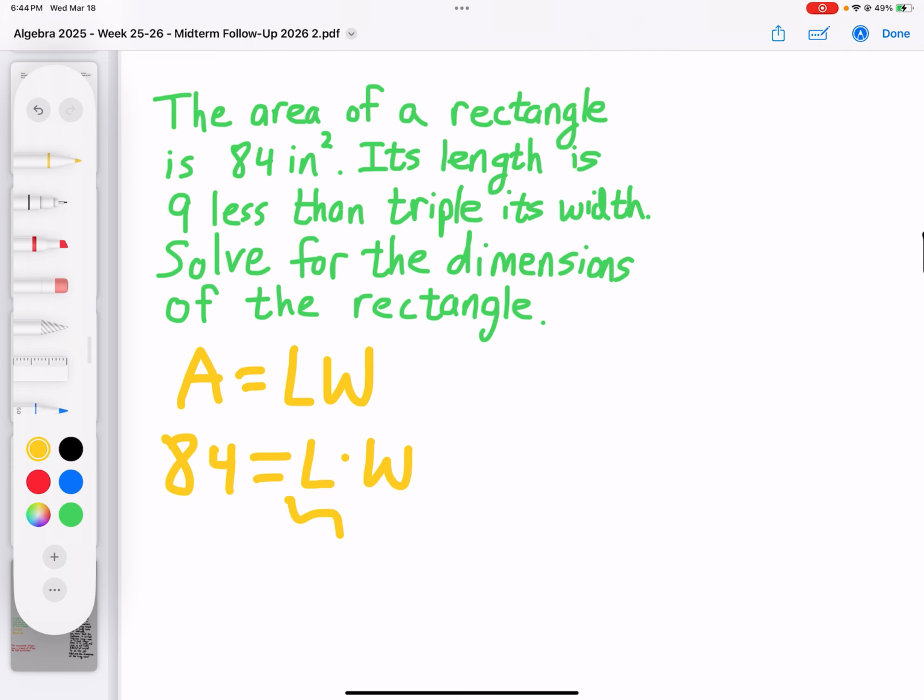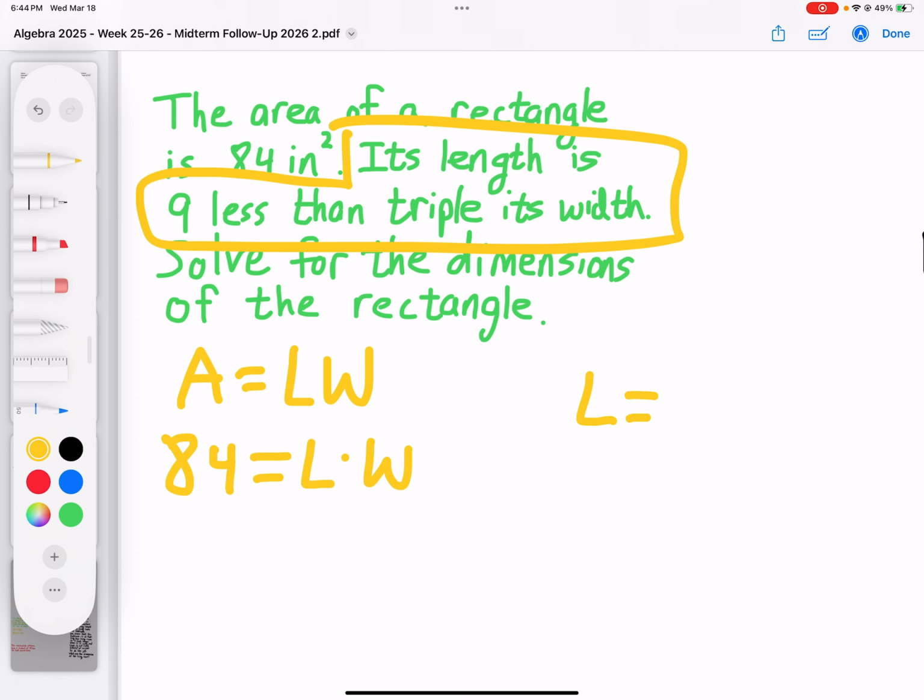We can't solve something in 2 variables quite like that, so we have to find a way to combine those variables. Well, luckily, we have this statement here. Its length is 9 less than triple the width, so 3 times the width. Now that we have length expressed in terms of width right there, we can use that to substitute a width expression in for length.